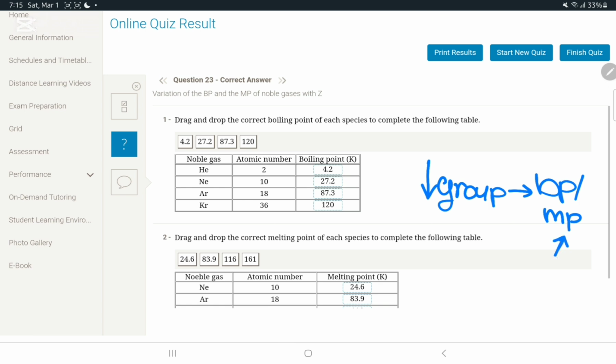It's better to use increase in atomic number. It means it's an increase in boiling point. You don't need to memorize the exact boiling points, you just need to follow a specific pattern. This is greater than this, greater than this, so the number after is greater than the number before, since the boiling point increases.